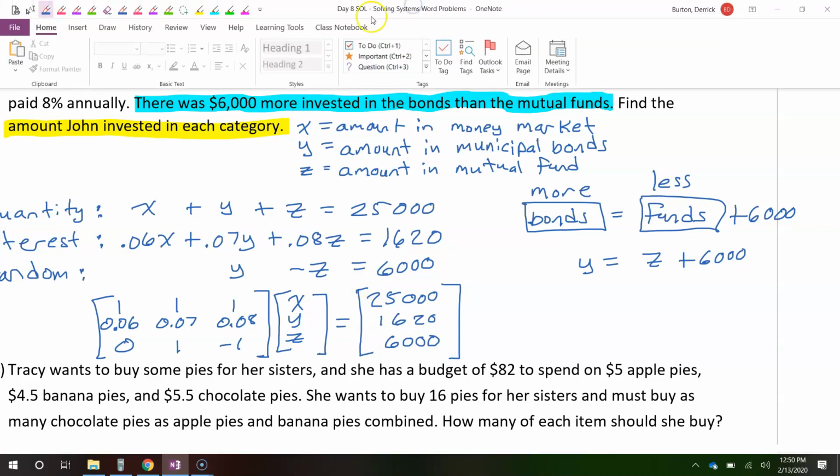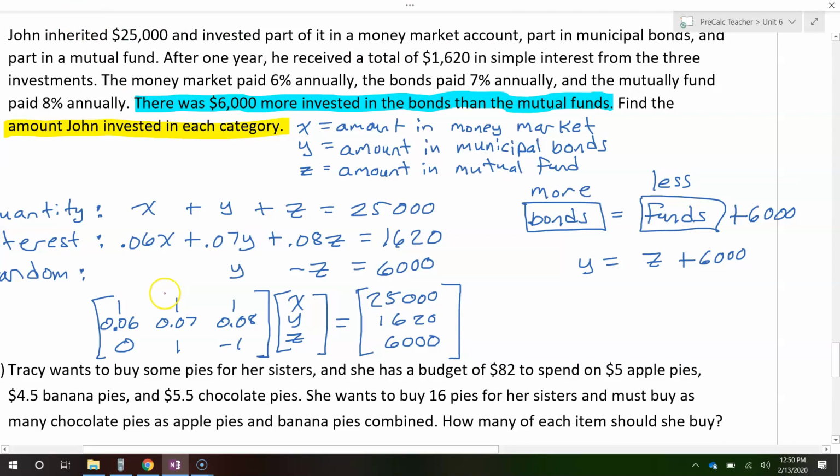We need to label these matrices, so I'm going to call this matrix A, this matrix X, and this matrix B.